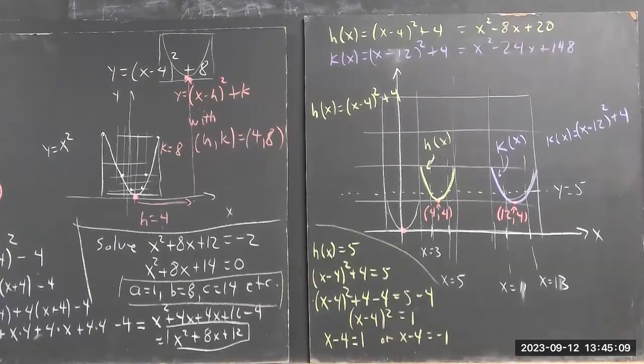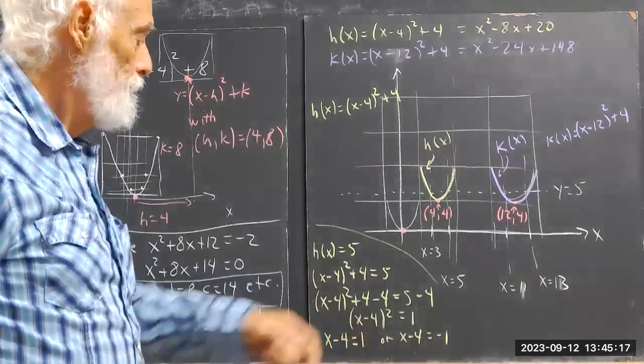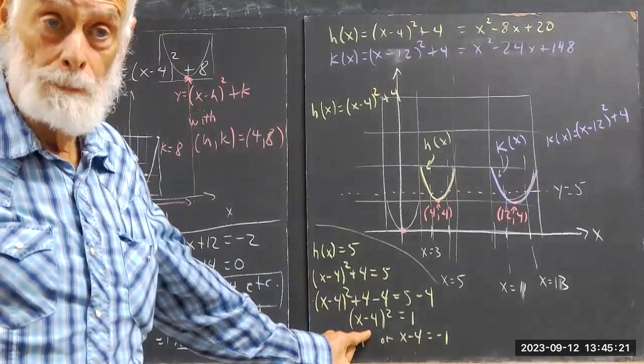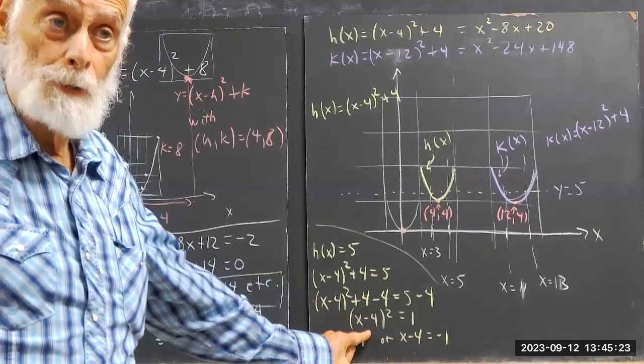What do you get when you square negative 1? Negative 1 times negative 1 is 1.